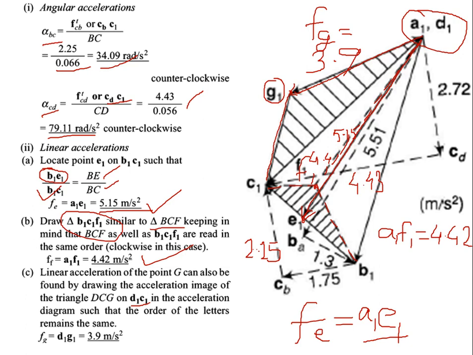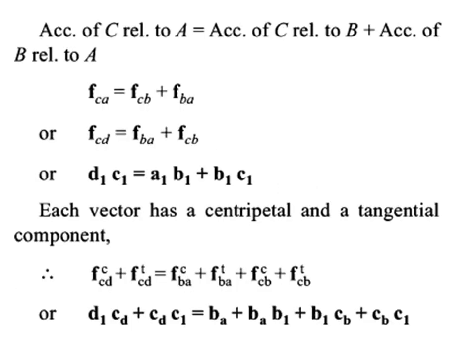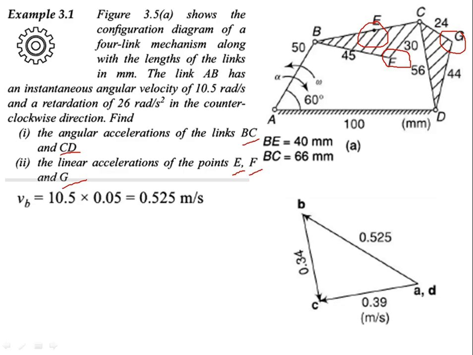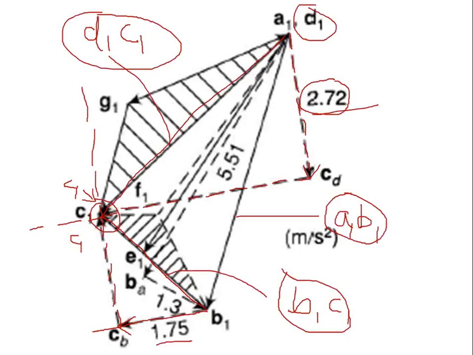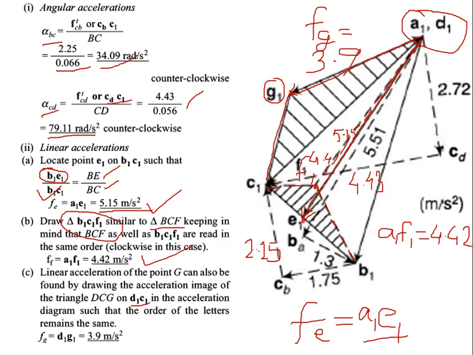So F1 is located above, and point G is located on the right side, so it should be reversed. That's why the G1 point is located on the left side, the other side. So like this you try to locate the points, get the points F1 and G1 and calculate these values.